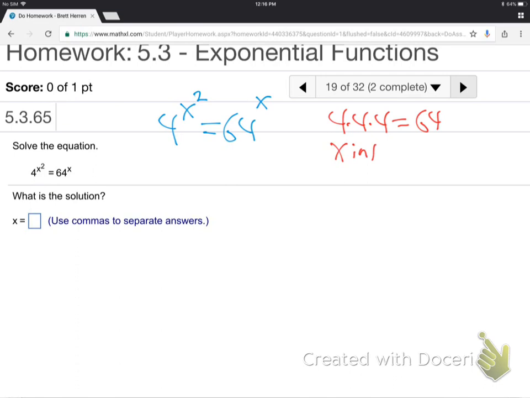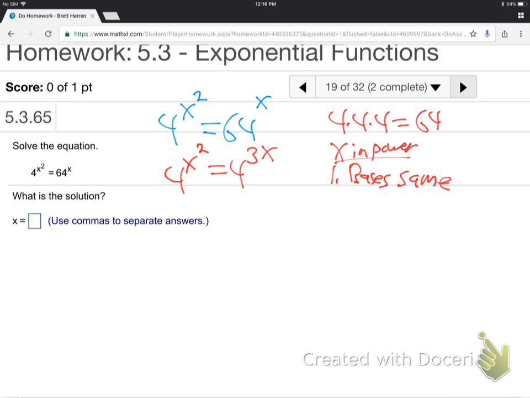So X in the power, base is the same. So 4 to the third, and the X is still there. You with me? See what I did there? I just made that 64 become 4 to the third. Is that good?